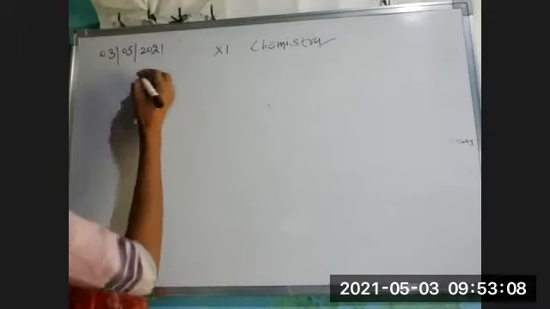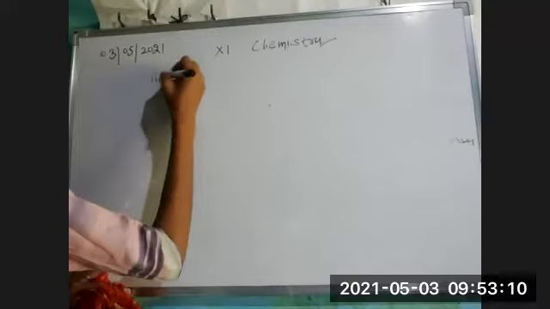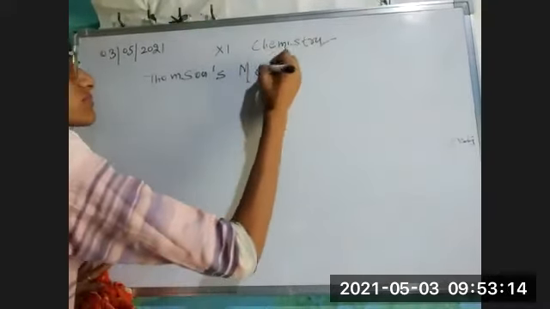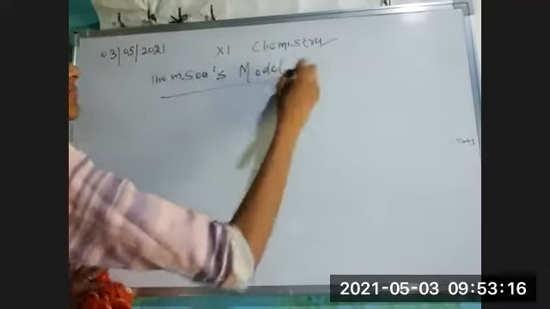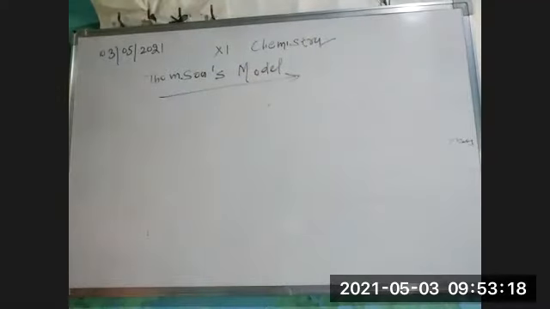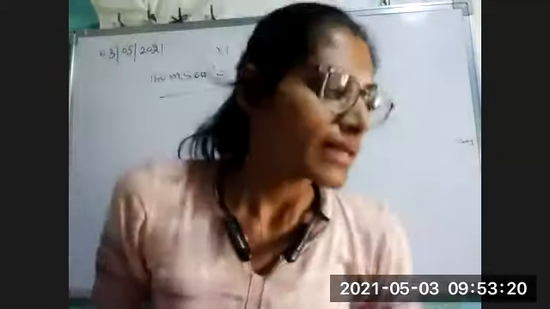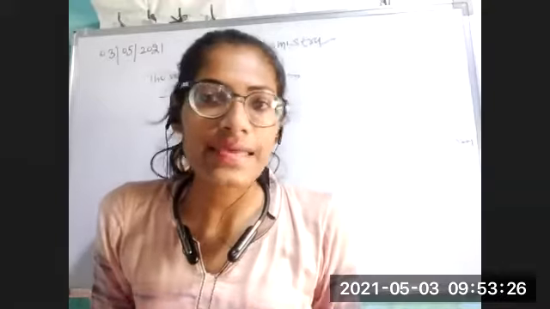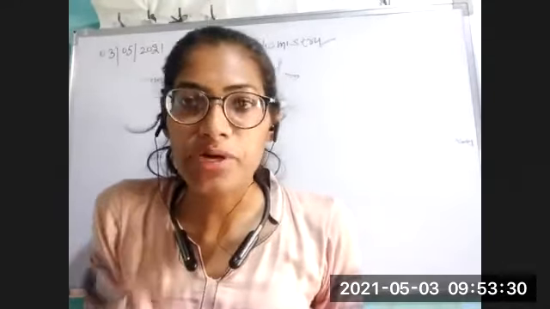What does Thomson's model actually explain? What Thomson said was that our whole atom has exactly the same mass. He said that mass is uniformly distributed over the atom.